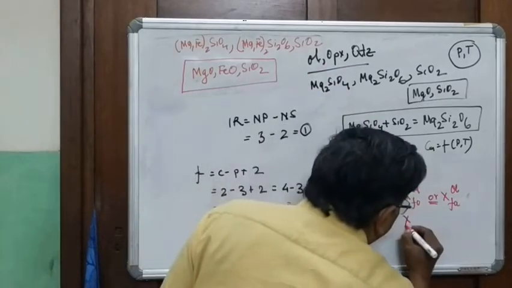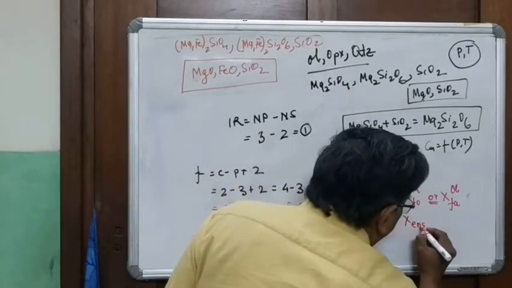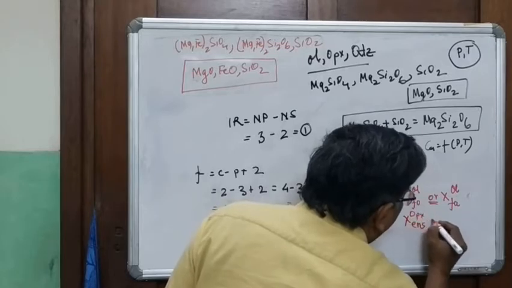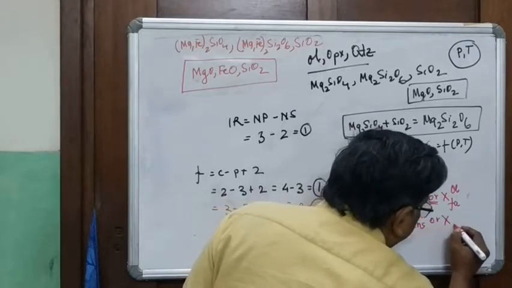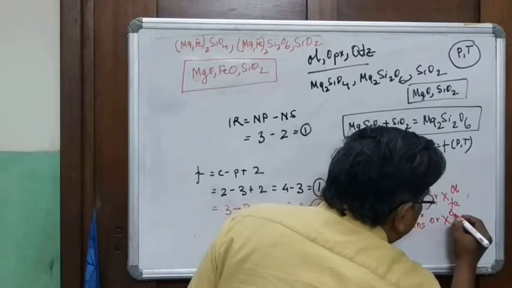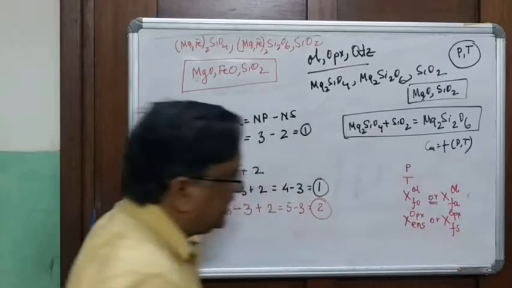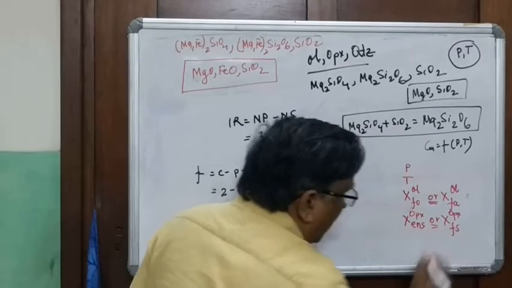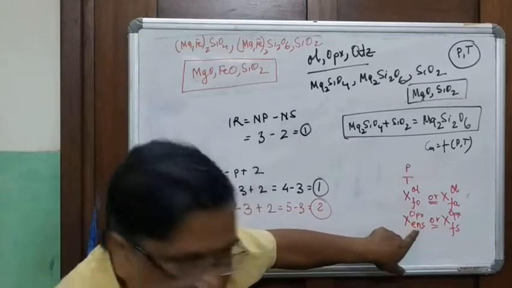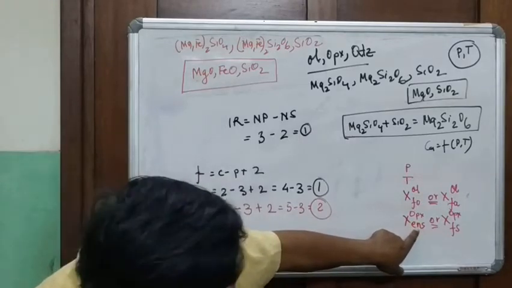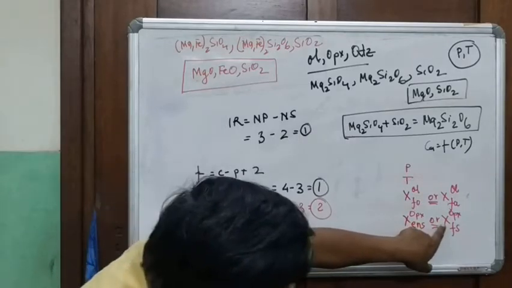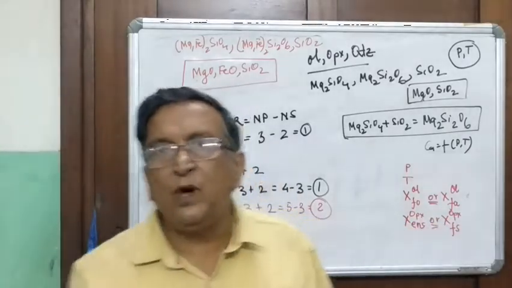X enstatite in orthopyroxene or X ferrosilite in orthopyroxene. Again this or. Why? Because X enstatite or X Mg orthopyroxene plus X Fe orthopyroxene should be 1.